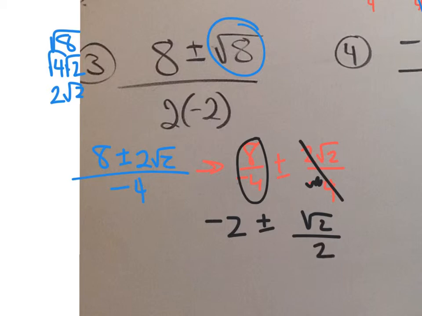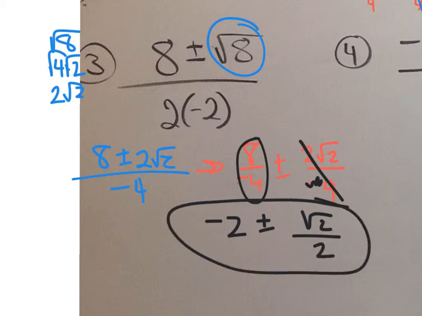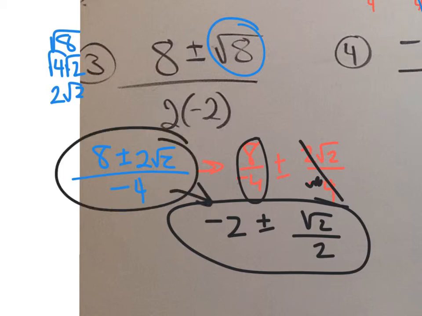So your final answer should be this. Negative 2 plus or minus square root of 2 over 2. If you wanted to put a 1 right here, that's fine. You could say negative 2 plus or minus 1 square root of 2 over 2. And another acceptable answer, instead of going from here to here, you could also just reduce everything by 2 and write down 4 plus or minus square root of 2 over negative 2.